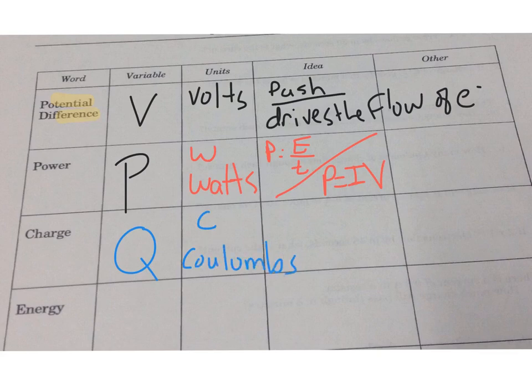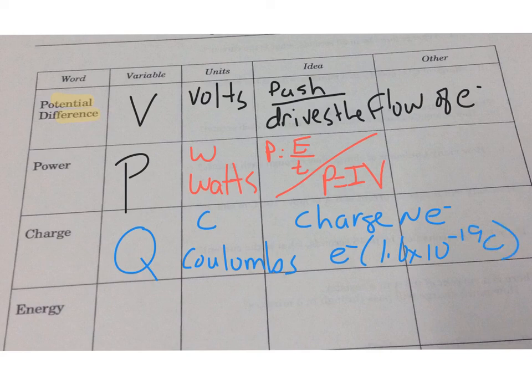Our charge is directly related to the number of electrons. And the charge of one single electron is 1.6 times 10 to the negative 19th coulombs. Sorry for the way that looks.